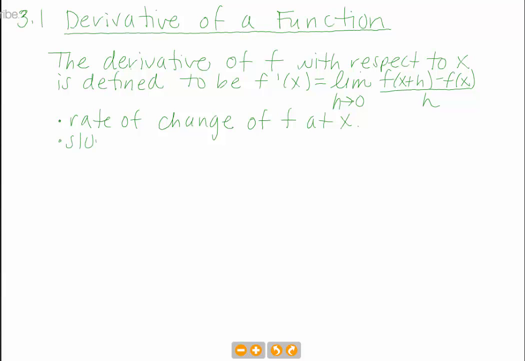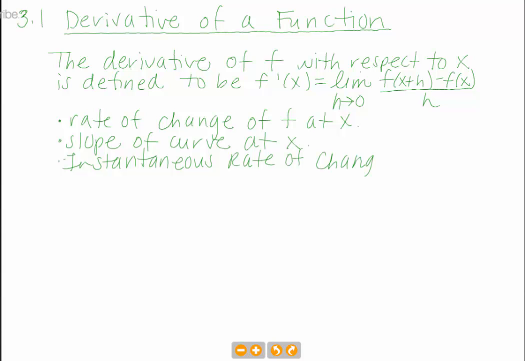It's also the slope of a curve or a line at x, and it's also defined to be the instantaneous rate of change at x. So let's look at some examples using this standard limit definition with limit as h goes to 0, and then we're going to look at an alternate definition.